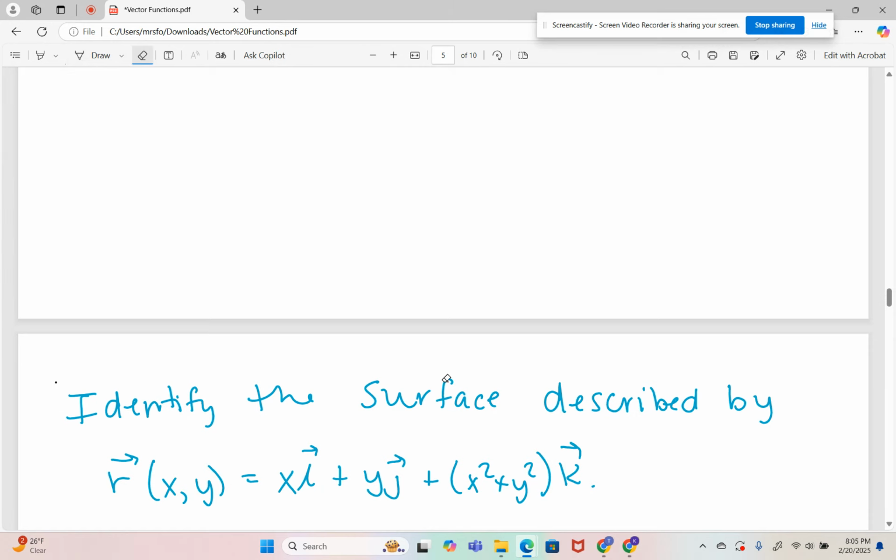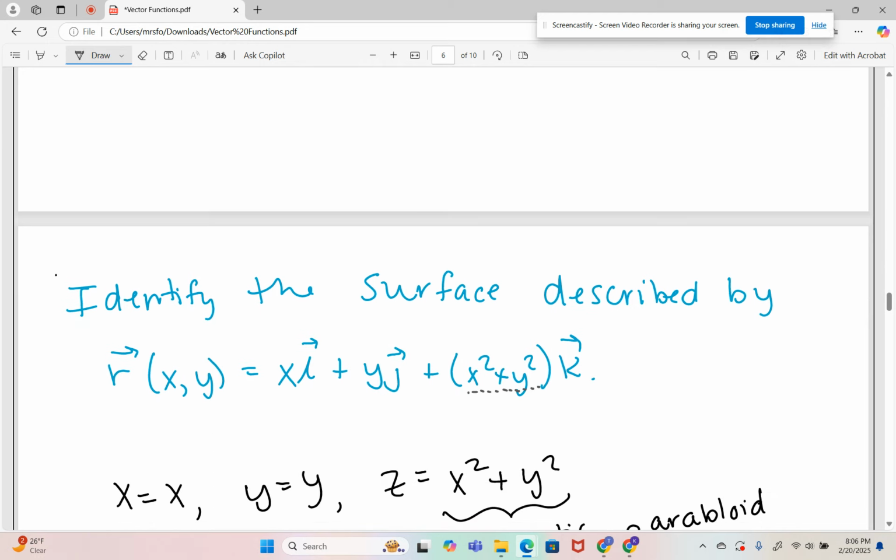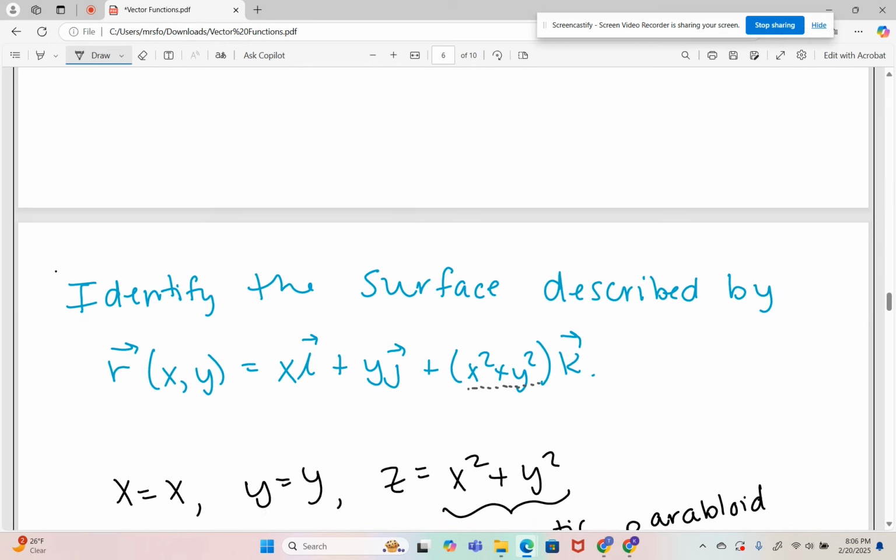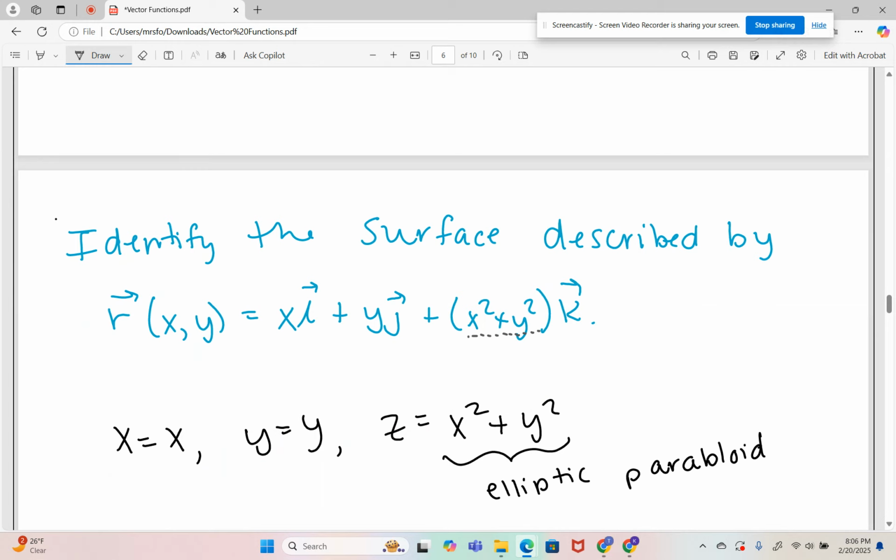So we have x, y, and then x squared plus y squared. So the x and y just is what it is. x equals x, y equals y, and z equals x squared plus y squared. And so z equals x squared plus y squared is an elliptic paraboloid. That's what it asked.